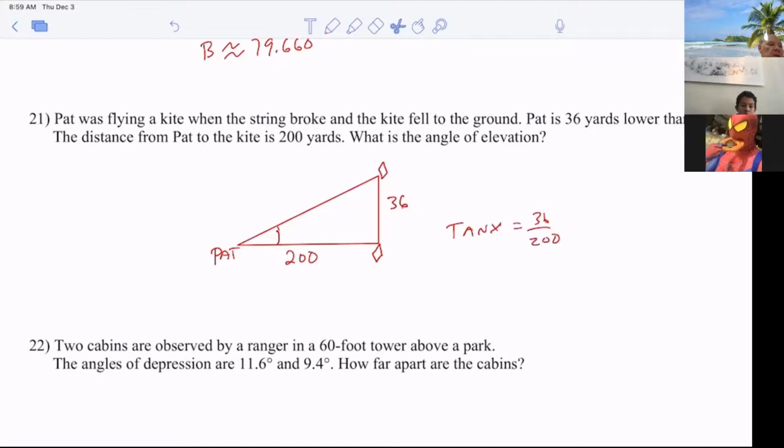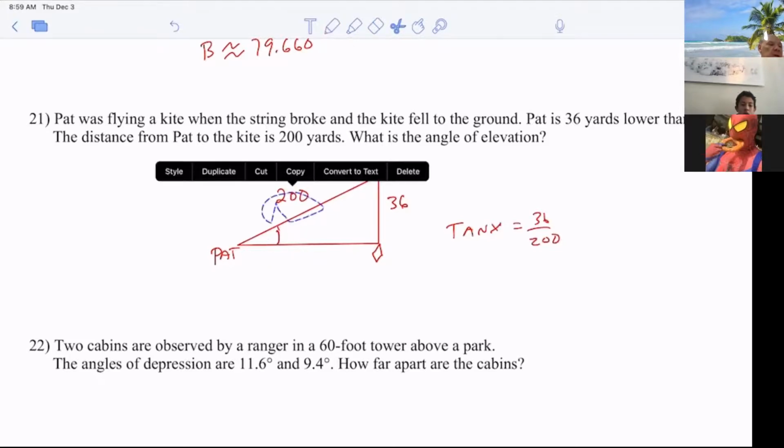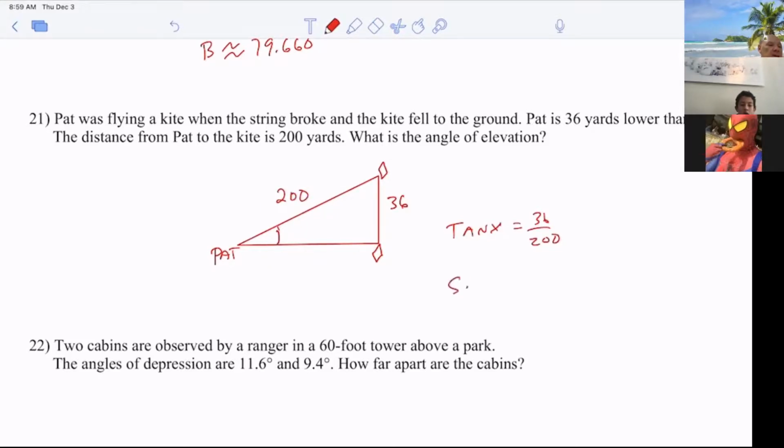If you perceived that the 200 was here, then you could say sine of x is equal to 36 over 200. They're obviously different answers. I don't care. I don't want to spend time on a problem that is not written very well. Everybody's agreeing, right? It doesn't matter. Set it up. Show me your picture. All right, then I can see things.